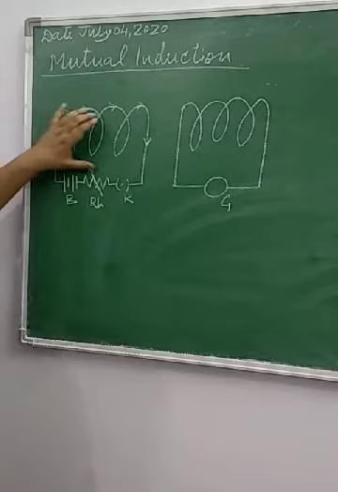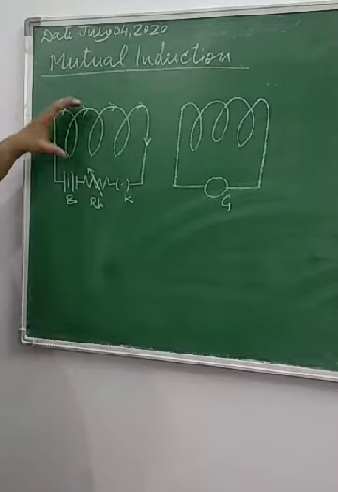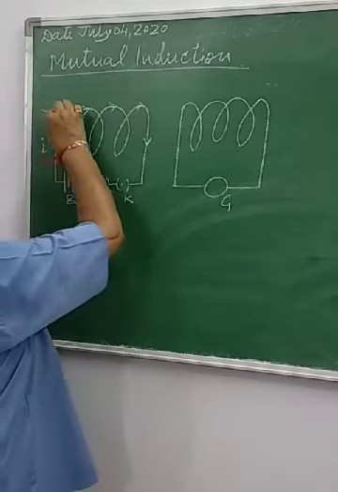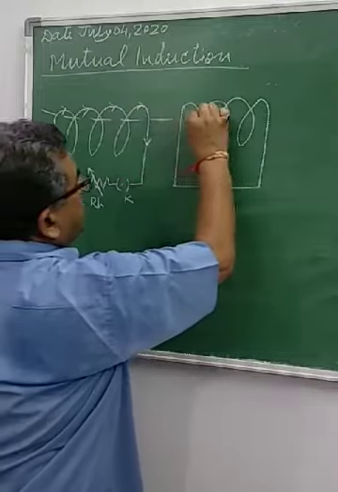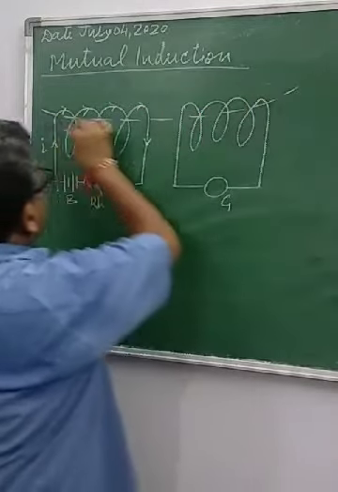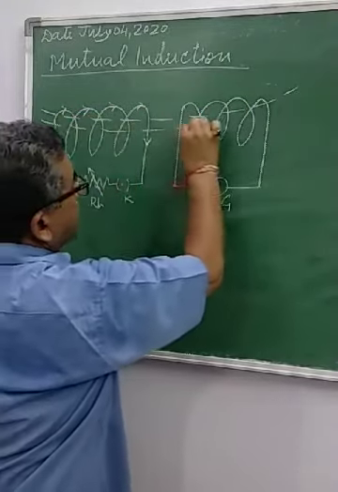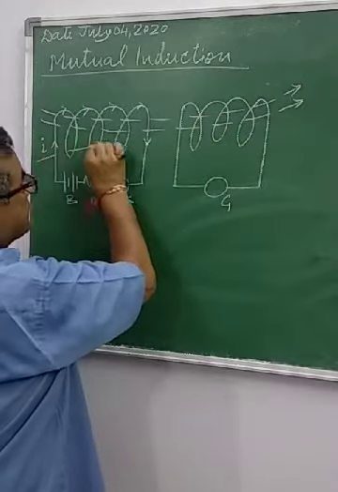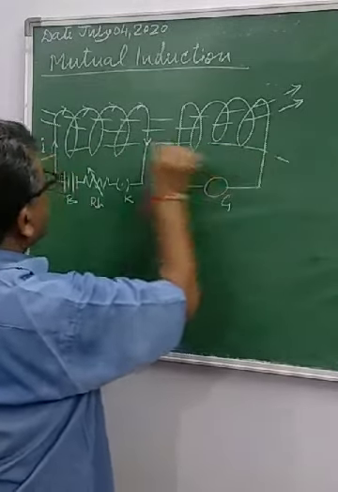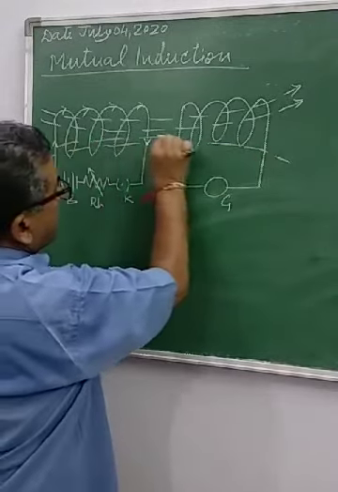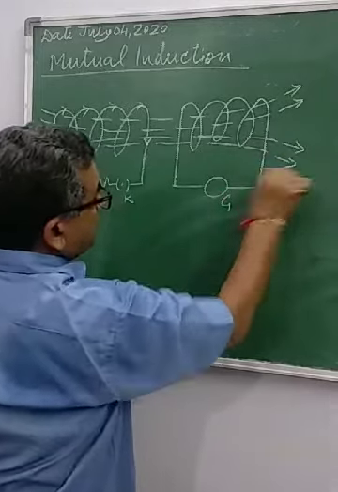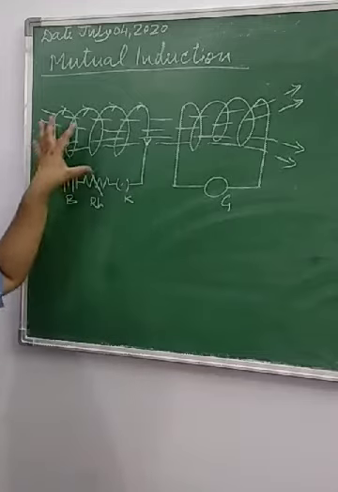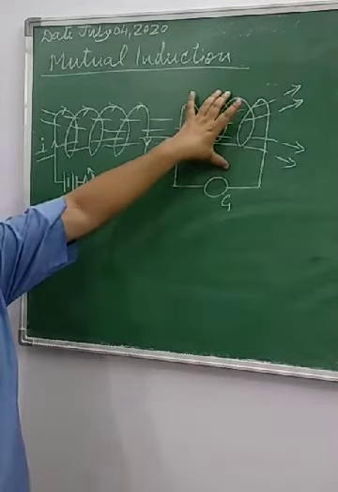Whenever the current increases, the magnetic field produced by this coil also increases, and magnetic lines of force pass through the nearer coil like this. So the magnetic flux is linked with this secondary coil.